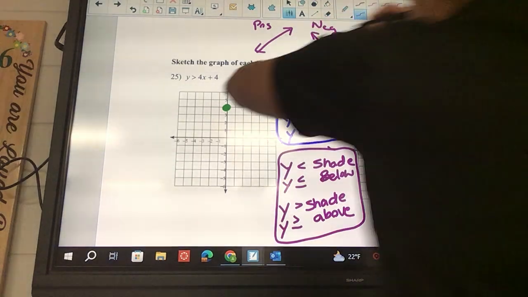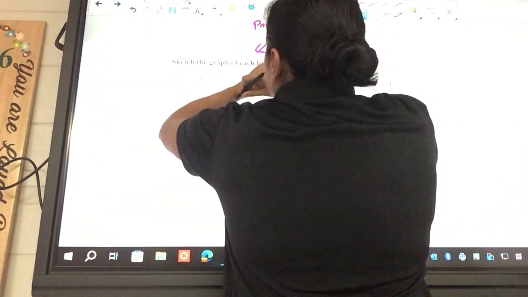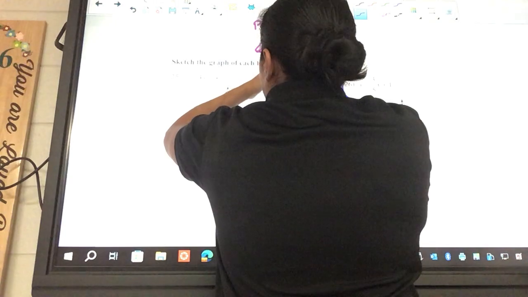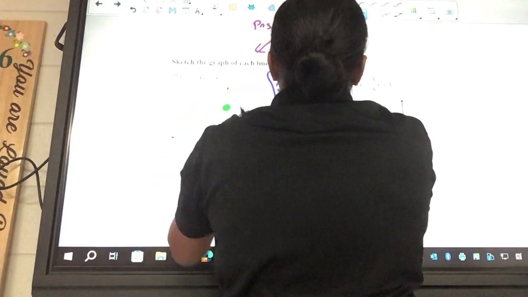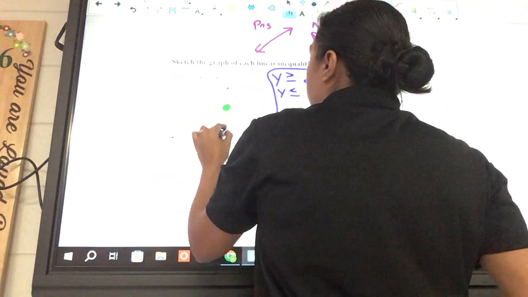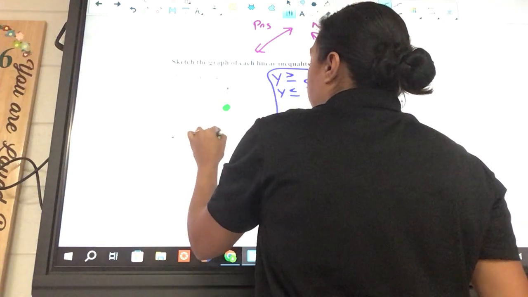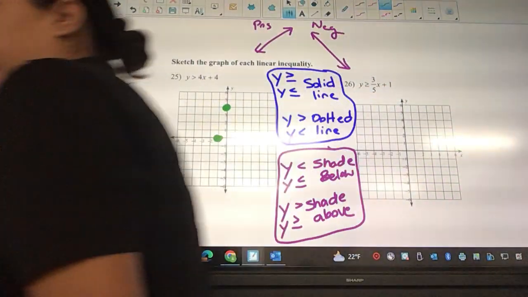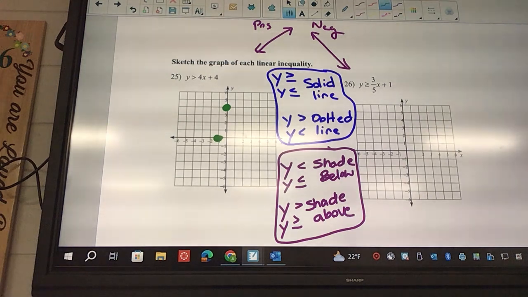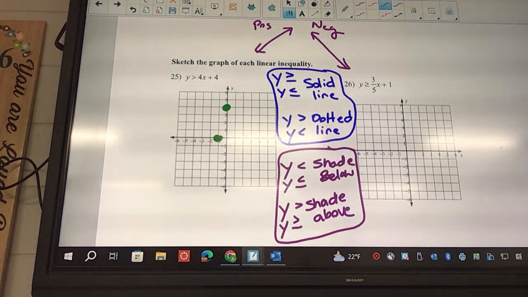Okay, so I cannot go up 4, so I'm gonna have to go down 4 and over which way? To the left, okay? So I'm gonna go 1, 2, 3, 4, and to the left 1. That be dotted. It is gonna be dotted line.